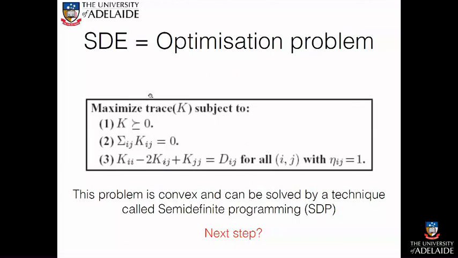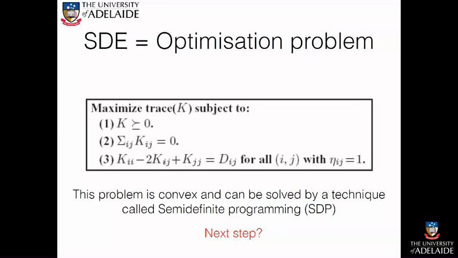The objective function is the trace of the kernel matrix, and the first set of constraints says the kernel matrix must be positive semi-definite. This corresponds to the mean of the embedded space being at the origin, zero, and this is preserving the distance.